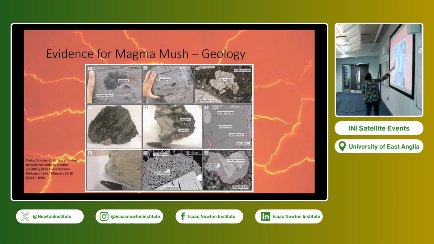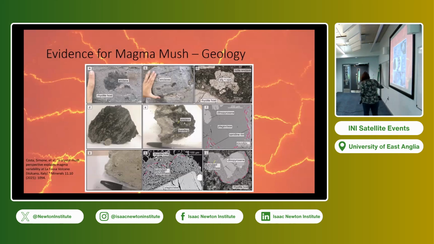But what we see is lumps of other stuff. So on top here, you've got what we call an enclave, and that's kind of like a lump of a more primitive magma that got injected into this rhyolite, which is old, it's been sitting there for a long time, it's very sticky.